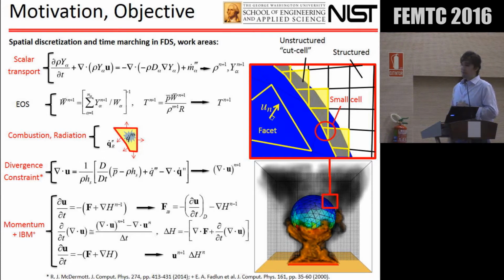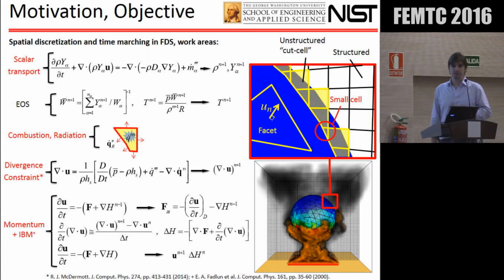And you have to find all these polyhedra that are left in the gas phase from the intersection. And you have to reformulate your discretizations for the different set of equations that are going to be acting there. We can see on the left here for scalar transport, everything that is related to discretization of advective, diffusive terms has to be modified for that.